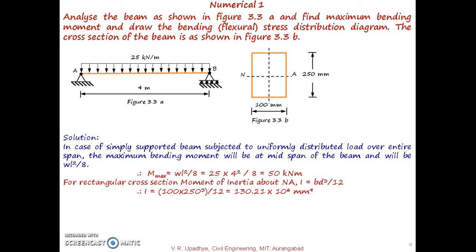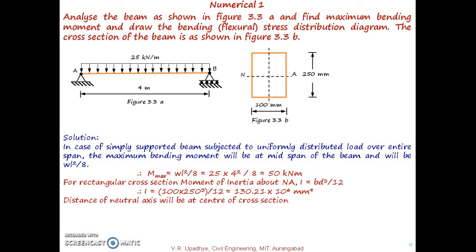If we substitute those values, width is 100, depth is 250, so 100 into 250 cube divided by 12 gives us the moment of inertia about centroid as 130.21 into 10 to the power 6 millimeter to the power 4. These two terms, B and D, are in millimeter, so the unit for moment of inertia will be millimeter to the power 4.